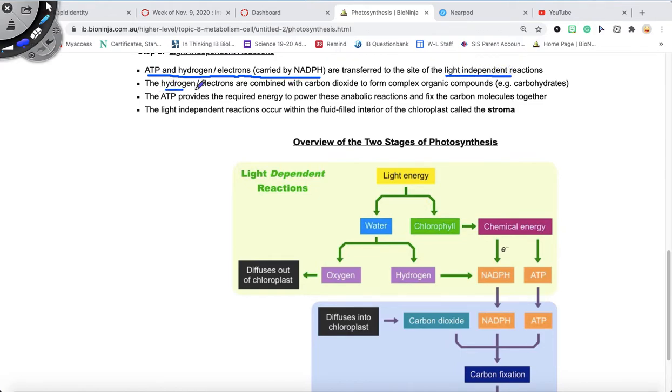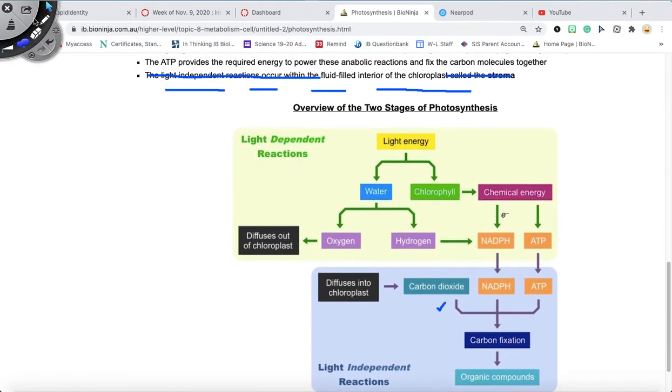So when these hydrogen electron carriers are combined with carbon dioxide, which is another reactant in photosynthesis, and this carbon dioxide diffused into the chloroplast, it's small enough to do so, it's going to form complex organic compounds, which we call carbohydrates. And we know that glucose happens to be the main organic compound in photosynthesis.